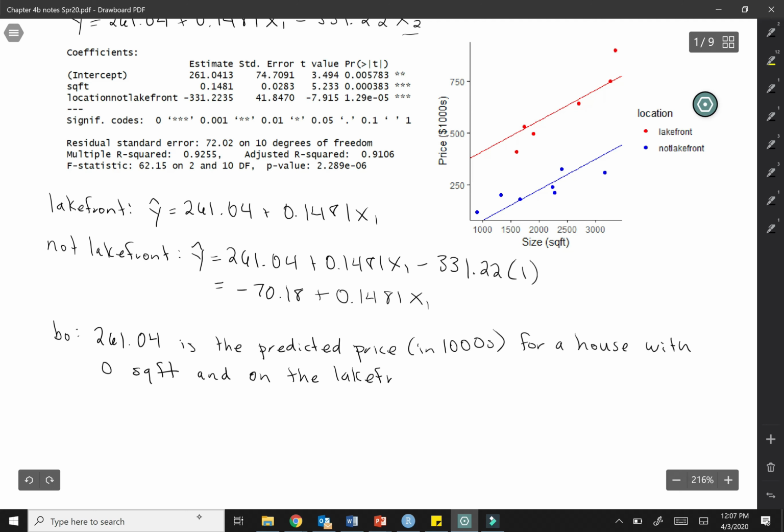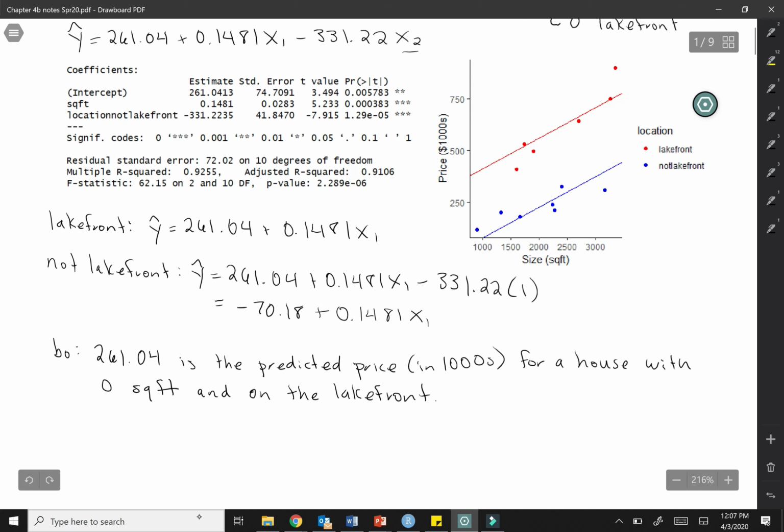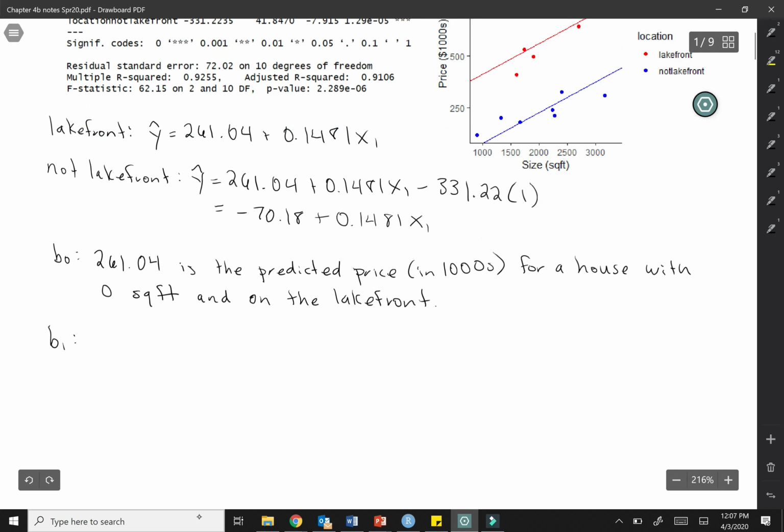So just like before, sometimes interpretations of the intercept make sense and sometimes they don't, but we just have to think now that 0 refers to a particular category. It's telling you that you're in that baseline category. Okay? So then what about B1? This is the number that goes with square footage. It's going to be interpreted very similar to what we did before.